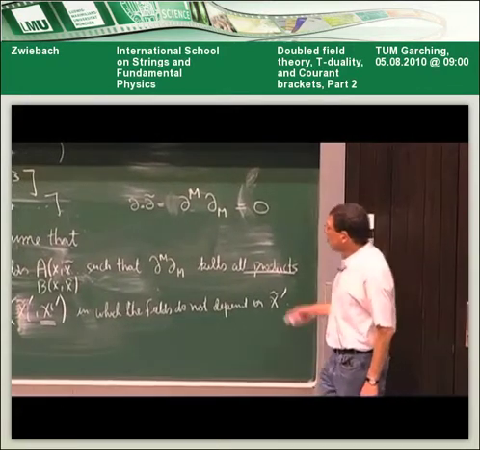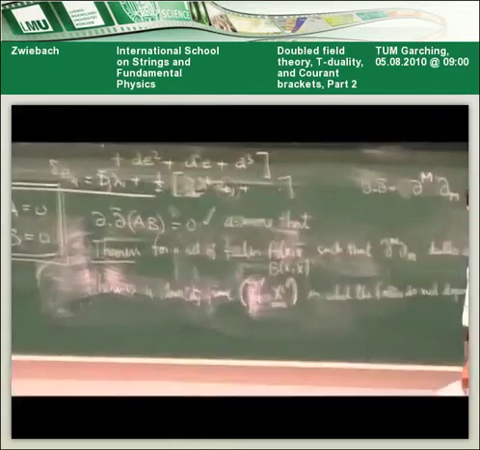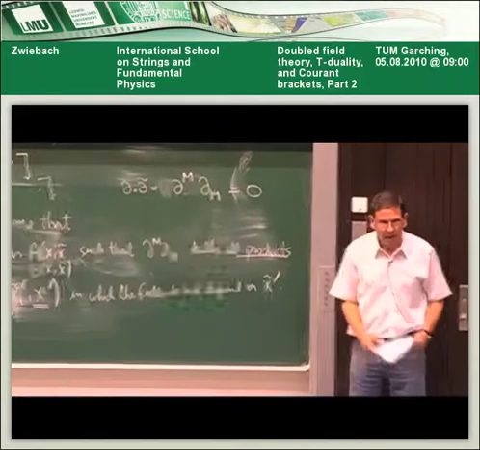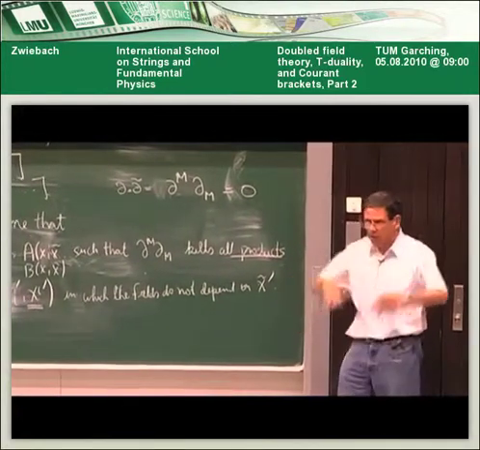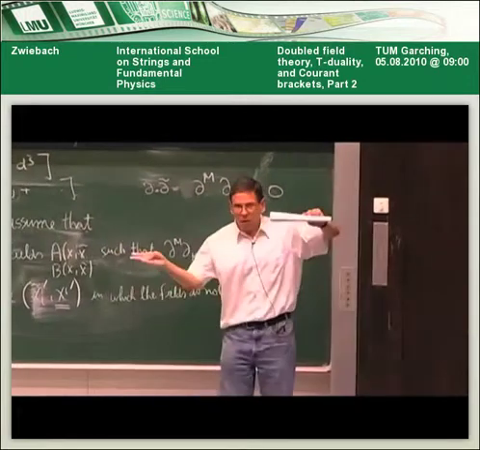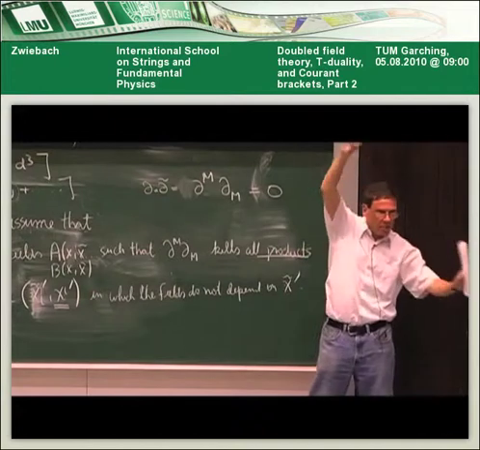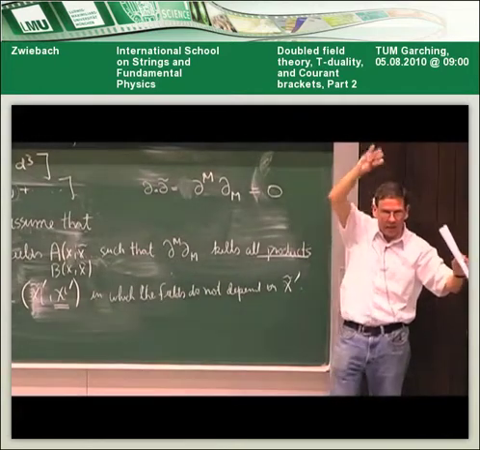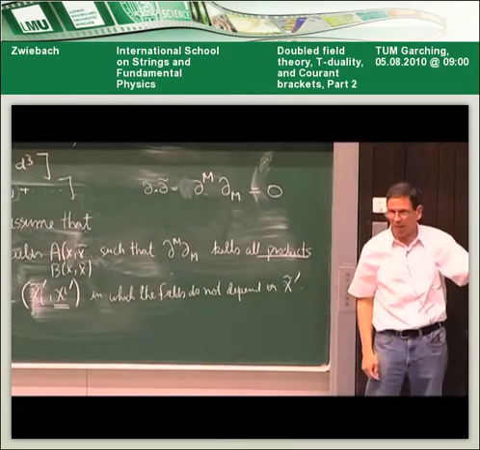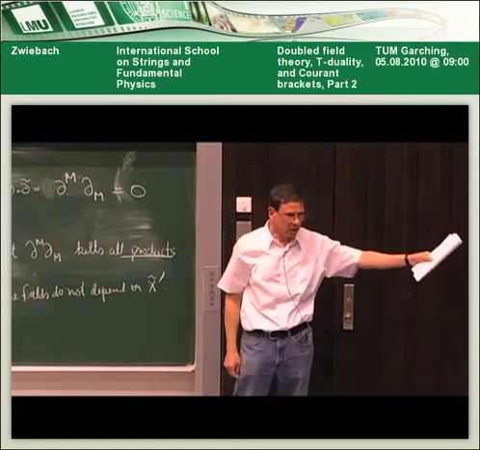So once you're assuming that the fields satisfy this strong version of the constraint, it means that your action is doubled, but you could perform a duality and reach some set of x and x tildes in which the action just depends on x's, and it should reduce then to the conventional action.